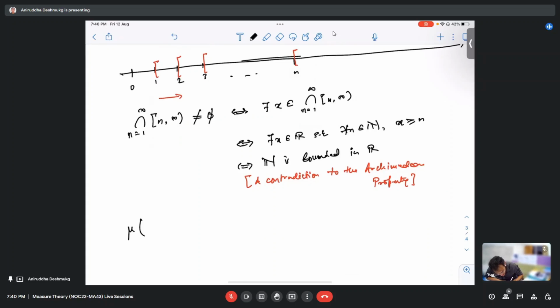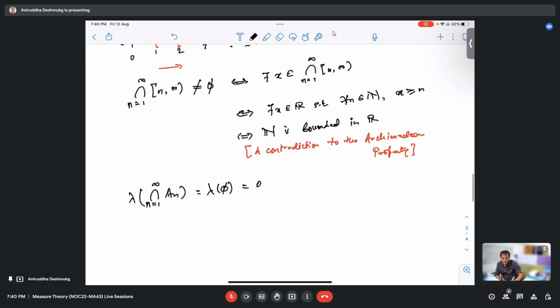So what can you say about the mu, or rather the length, of this intersection? The length of the intersection of the A_n is the length of the empty set. And what is the length of the empty set? 0. On the other hand, what is the length of each A_n, that is, the length of each of these intervals [n, infinity)? Infinite.